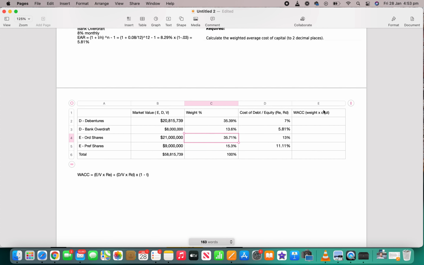Now we've just got to calculate our WACC. So we go 35% times 7%, which gives 0.024773, and working all the way down, 0.007888. A lot of numbers here, you probably only need to go to 4 decimal places.